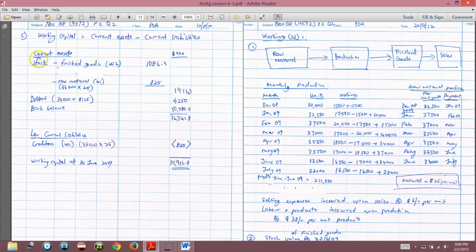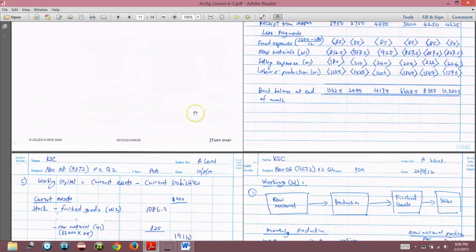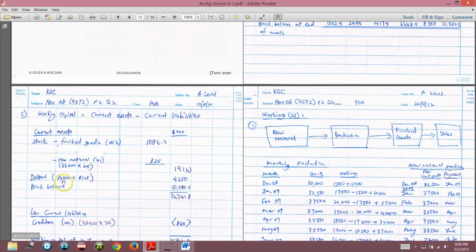So I put current assets here in $ thousands, because the figures are quite big, and then I underline, leave some space, less current liabilities, then will be working capital at 30 June 2009. So I draw two lines. Then I can put my current assets in whatever order I like. So bank balance is 10585, as calculated here. Okay, debtors.